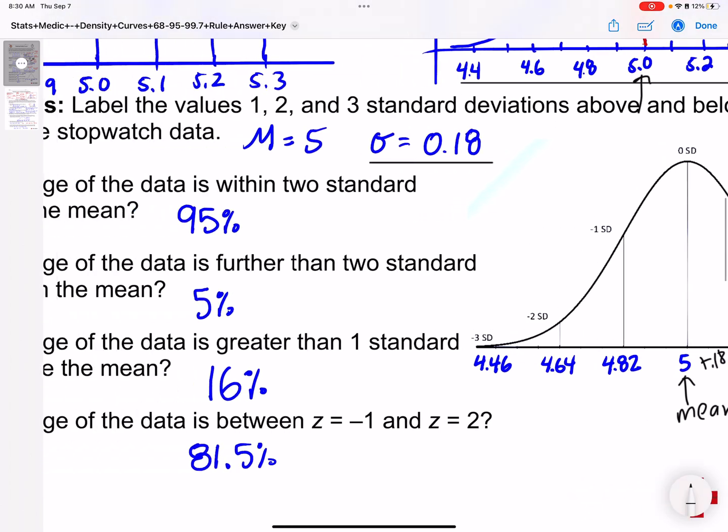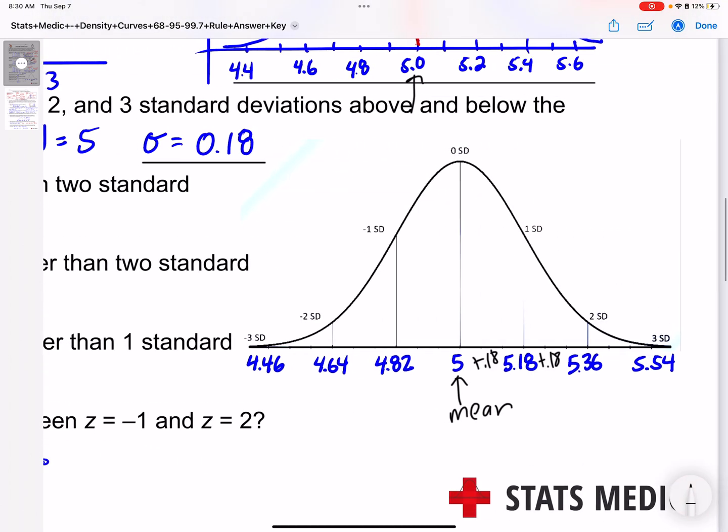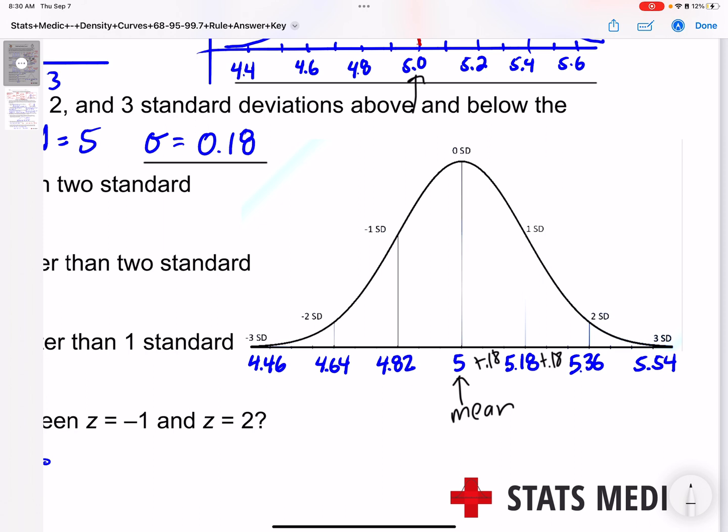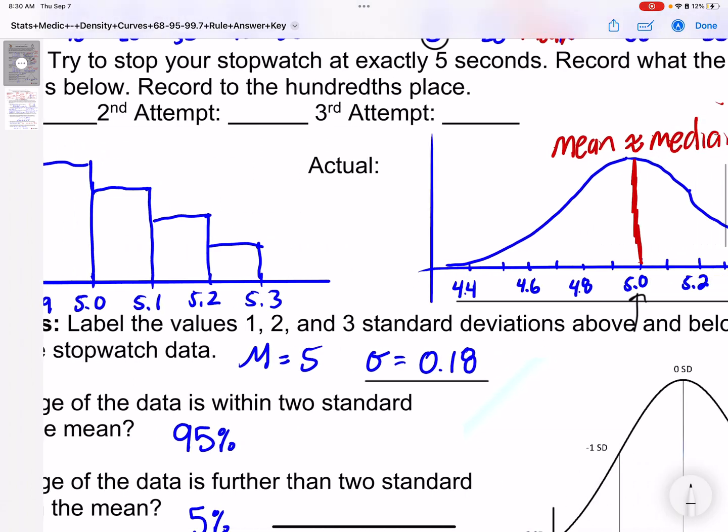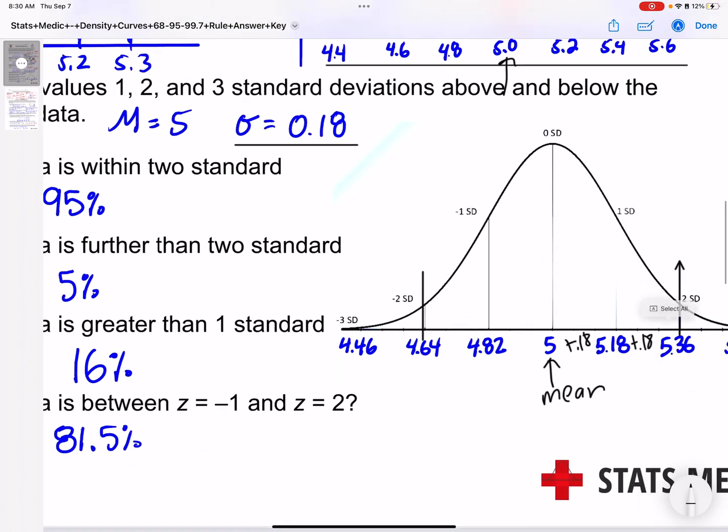If I added up all my data, you'll see on this one, basically what I did is I added up all my data, and on our data, we had about 90 pieces of data. We went over here and we said, okay, let's count them all up, and we counted our values.